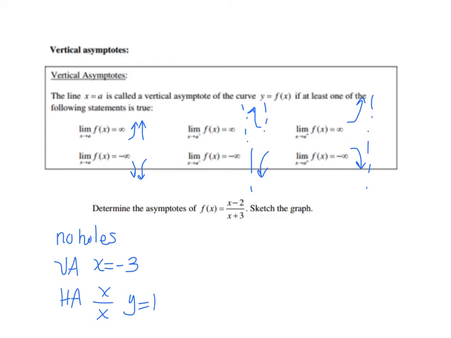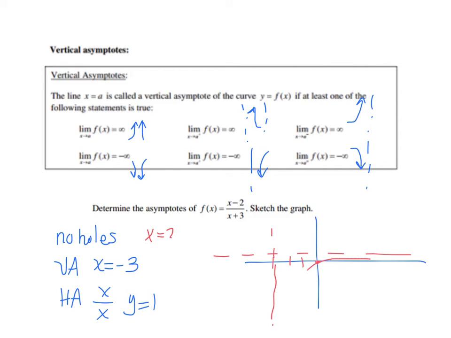And then it says sketch the graph. So I've got this graph going on, change colors real quick. I know this is at 1, 2, 3, and 1, right? And I also know that there is an x-intercept at x equals 2. So if I put a 2 in there, that's going to be 0, so that'll be this.